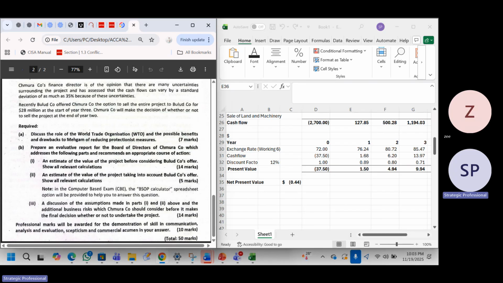But what is the answer first? Reject, because it's a negative NPV. That's 14 marks that we've solved.